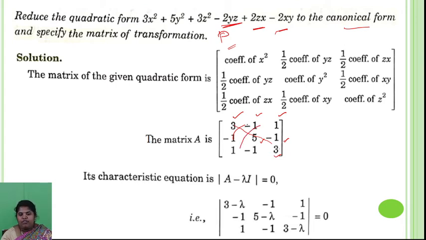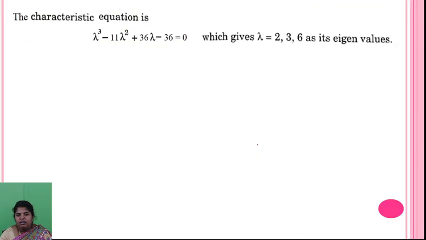Now form the characteristic equation, modulus of A minus lambda I equal to 0. The characteristic equation is lambda cube minus 11 lambda square plus 36 lambda minus 36 equal to 0. Solving this expression, we get the lambda values as 2, 3 and 6.